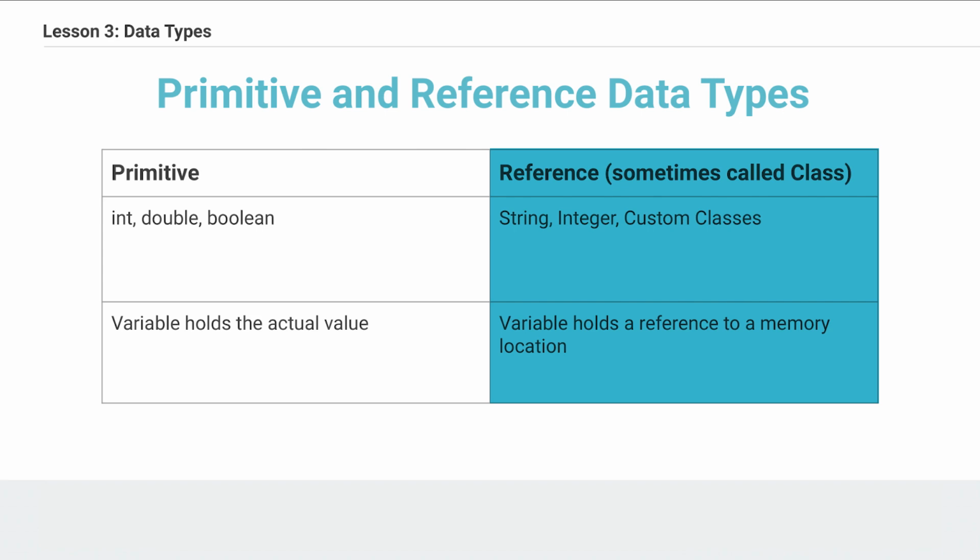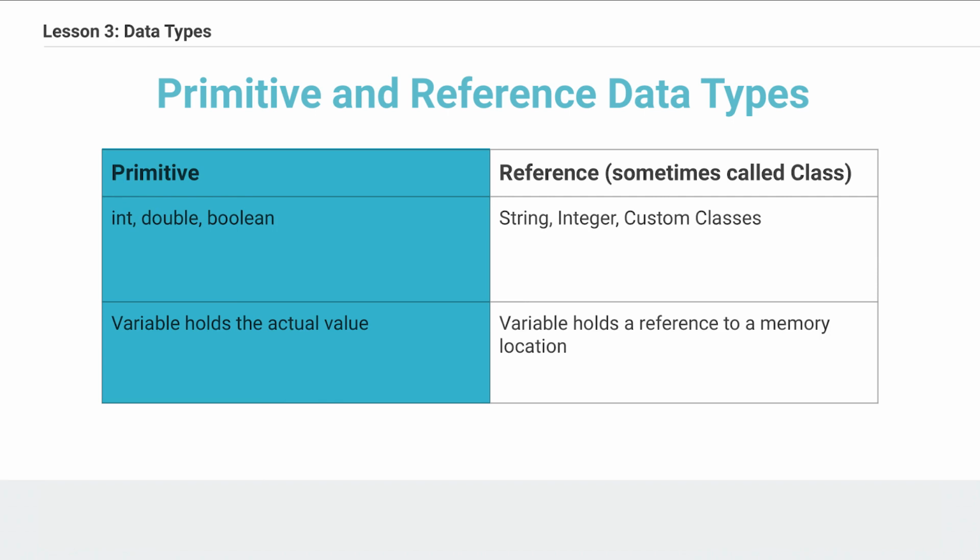Now I did want to note that sometimes reference data types will be referred to as class data types. This is because those two vocabulary words are used somewhat interchangeably. In the literature, they mean the same thing, but because you write so many of your own custom classes, sometimes it's just easier to refer to them as class data types.